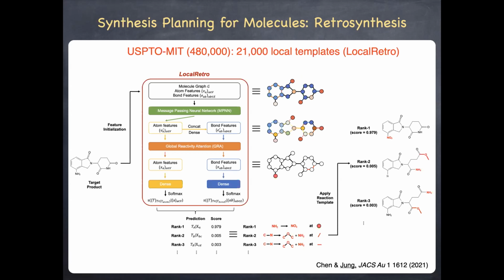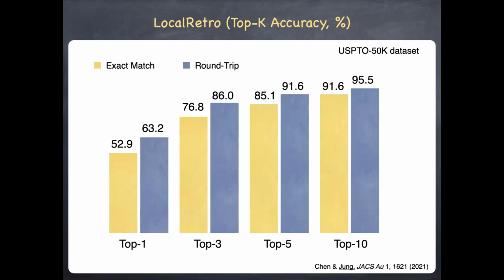And at the end of the day, you have a conditional probability of where to cut and what kind of template you need to apply. And you'll have rank 1 reactants, rank 2 reactants, all the way down to rank n possible reactants. Top 5 accuracy, for example, refers to the fact that the correct answer would be within the top 5 predictions. So our model has about 85 to 92% top 5 accuracy.